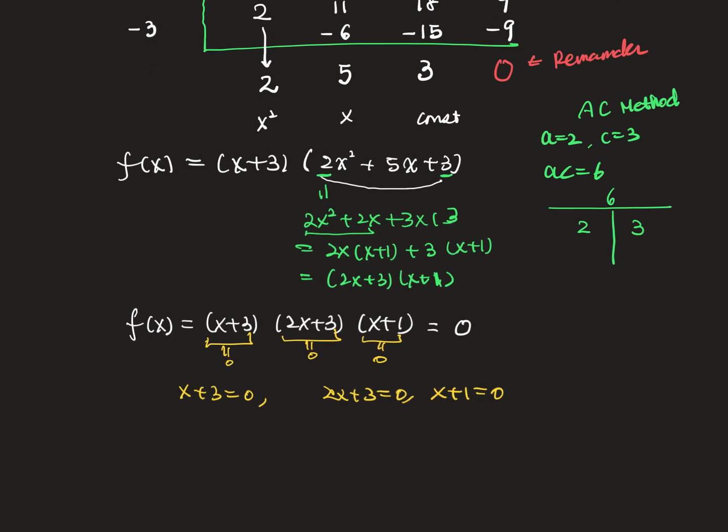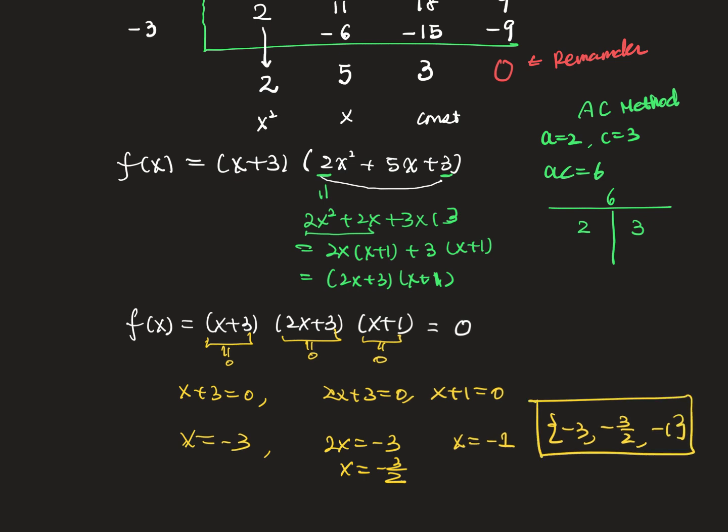Now you find the solution. x equals negative 3, they given this one. 2x equals negative 3, x equals negative 3 over 2. Last one is x equals negative 1. So the solution is negative 3, negative 3 over 2, negative 1. That's the solution set.